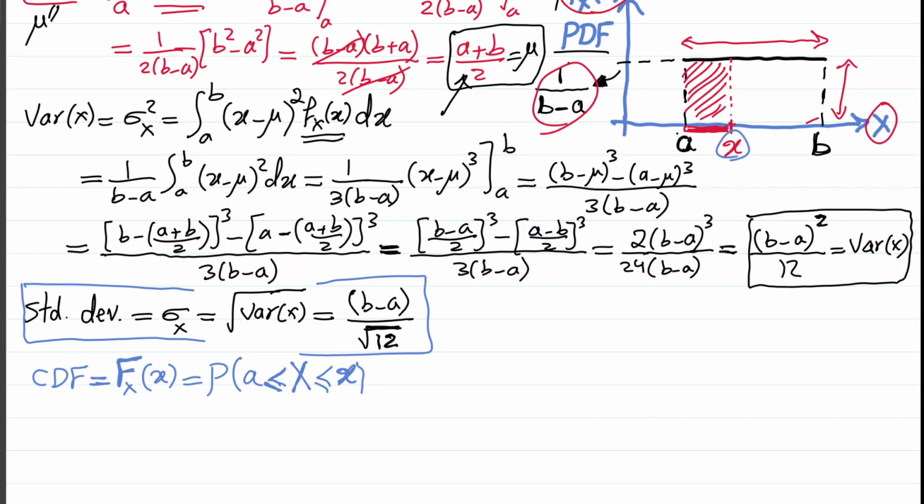And of course, in this case, it's easy because it's just that red dashed area under the PDF, which is not hard to compute.